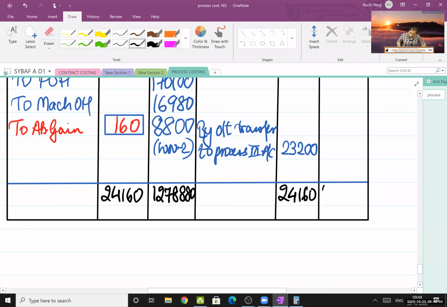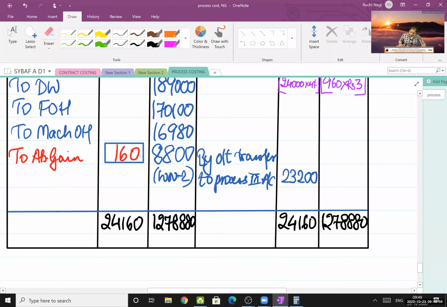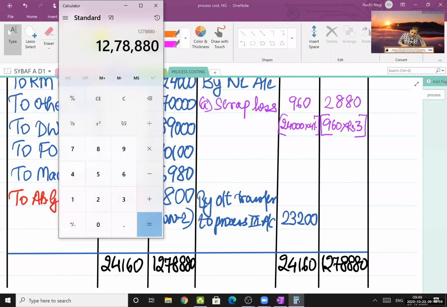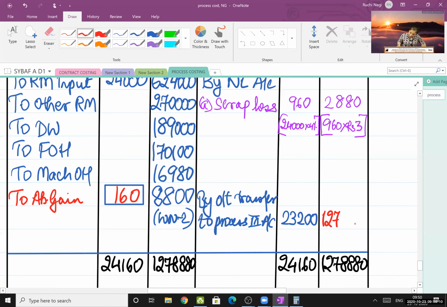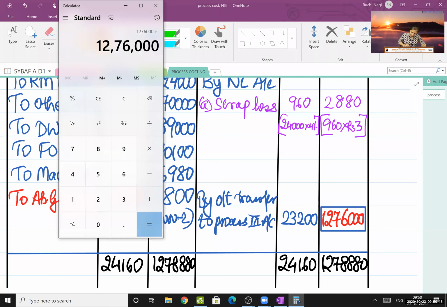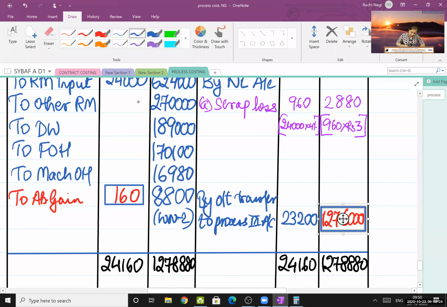Okay, minus this 2,880, so 12,76,000 is my answer. Okay, this is the balancing figure of the amount column. अब ये दोनों को डिवाइड करो, divide by 23,200. Yes, our answer is correct. We got 55 rupees. That means our calculations are correct. So my CPU is how much? 55.